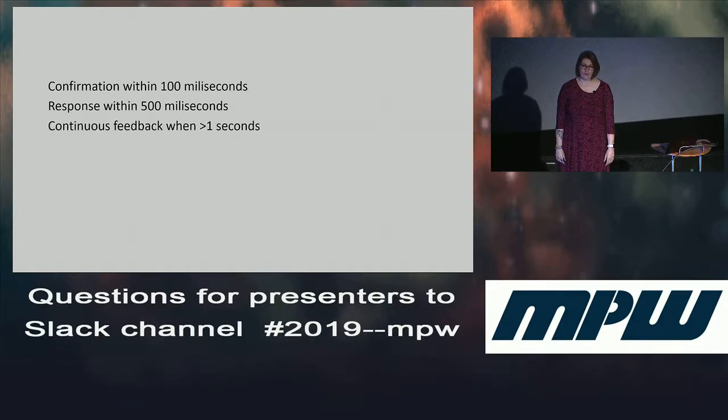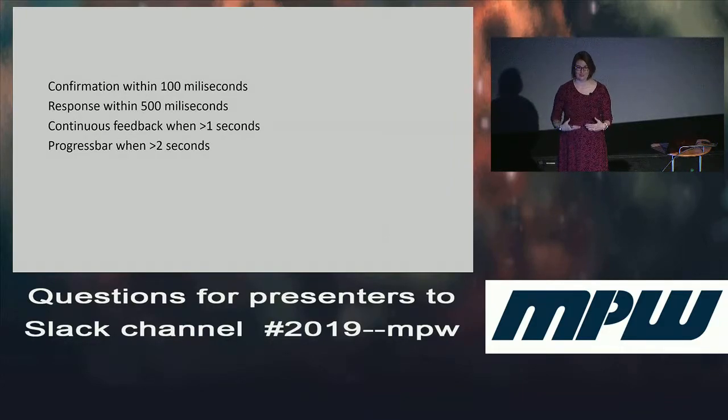Make sure to give continuous feedback for processes that take longer than a second, like a simple animation, the wheelie thing, for instance. That's awesome. If there are waits of more than 2 seconds, we also need to provide a progress bar or a similar thing that gives you information that things are going to happen here. So you have some sort of information, not just the wheelie thing, because if you have the wheel, you will feel that it's stuck. You never know.